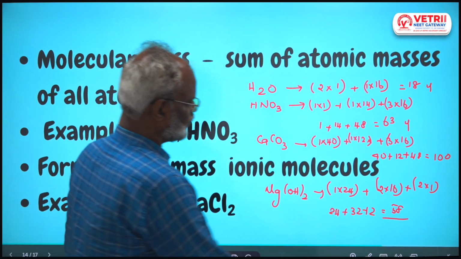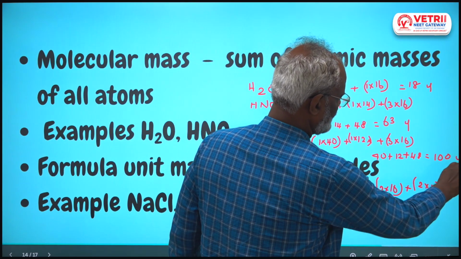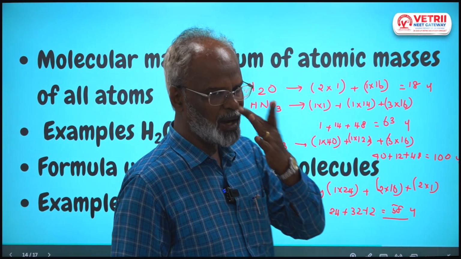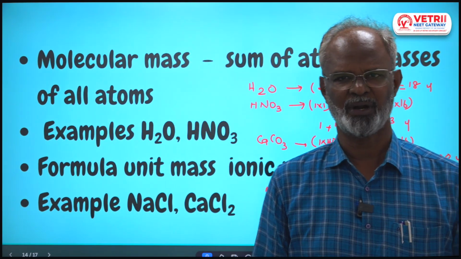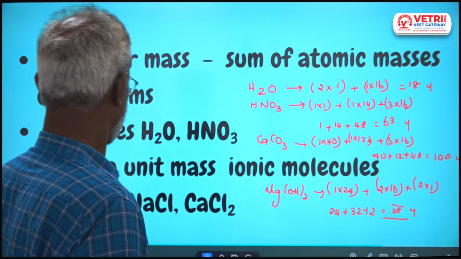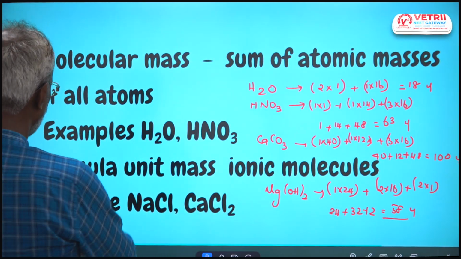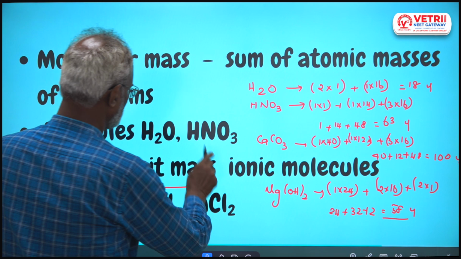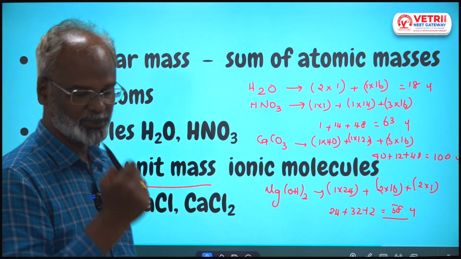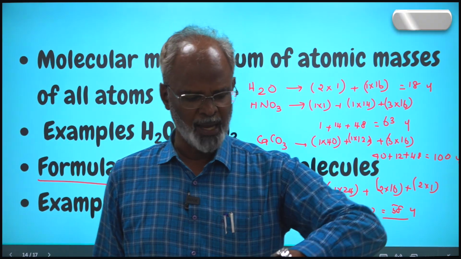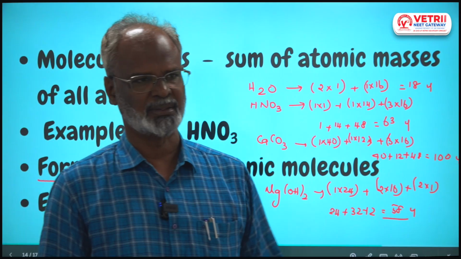The unit is simply u, unified atomic mass unit or amu. So these are the molecular masses of different molecules. Now, what is formula unit mass? It is exactly the same as molecular mass. The formula unit mass is written for ionic substances. That's the only difference.